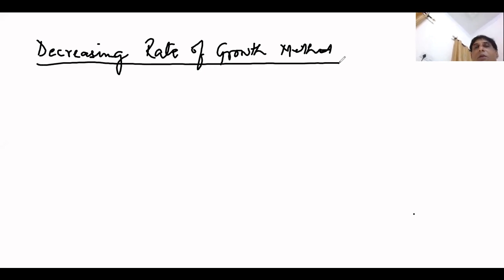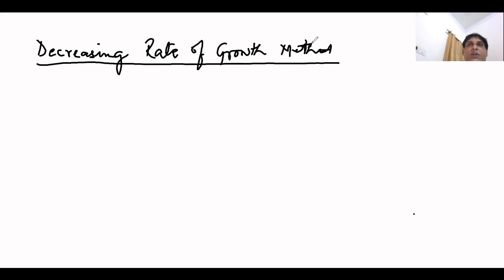Now, what is this method all about? As the name suggests, in the decreasing rate of growth method, first of all, you will find out the growth, then you will find out the rate.